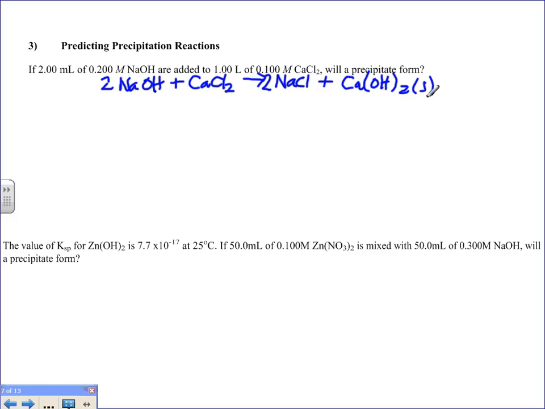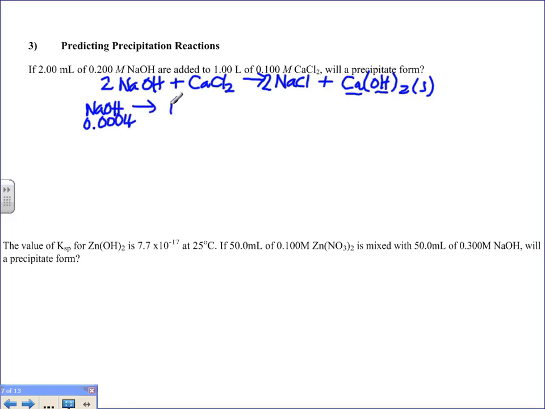Now we are mixing 2 milliliters of the sodium hydroxide with 1 liter of the calcium chloride. So what we need to do is figure out the concentration of the hydroxide and the calcium ions that are going to be in the solution. So when we dilute this, we've got sodium hydroxide with a concentration of 0.0004.